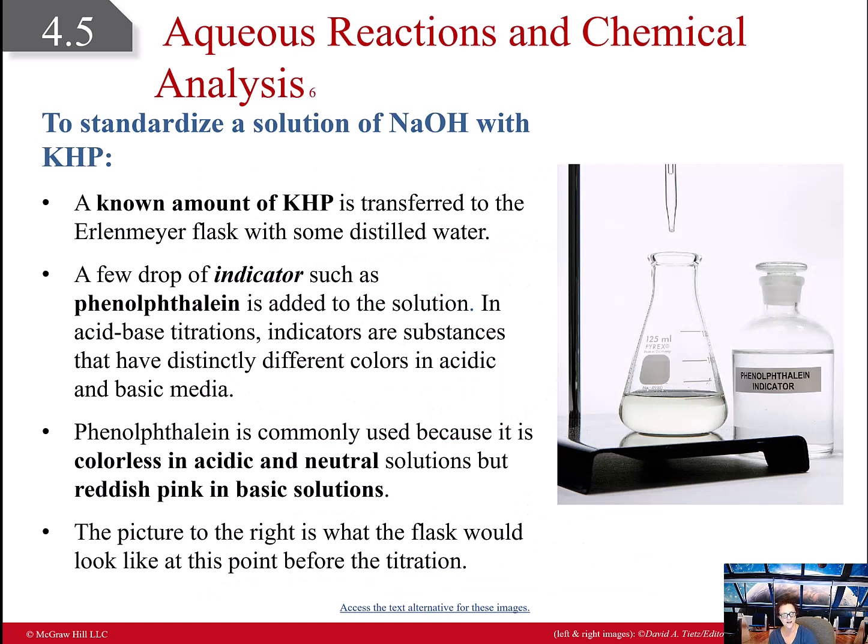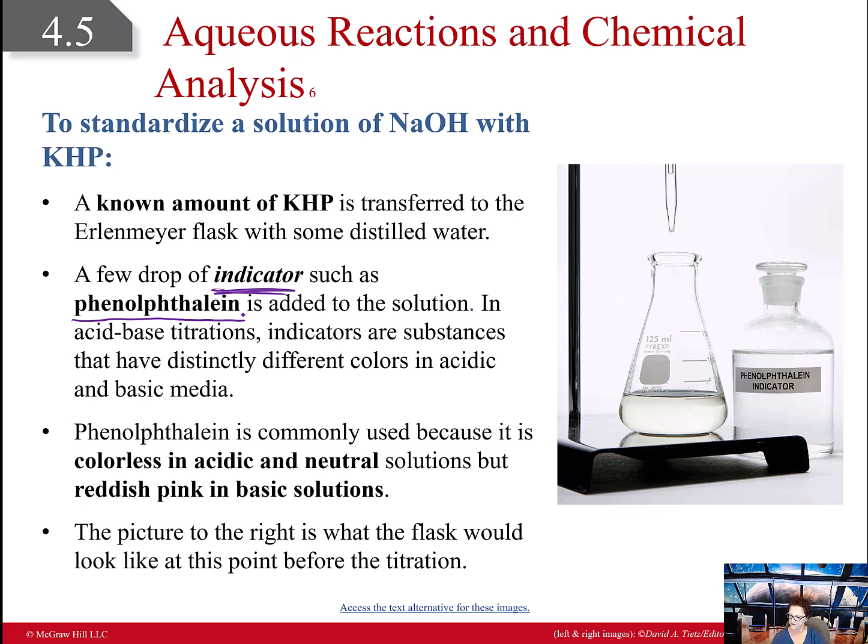So if you're going to standardize a solution of sodium hydroxide with KHP, you take a known amount, so you've weighed this out, and you put it in an Erlenmeyer flask with distilled water. You add some indicator to that. For example, phenolphthalein we use a lot in acid-base reactions because it is colorless in the low pHs, in the acidic and neutral solutions, but as soon as it gets basic, it turns pink, and it turns bright pink if you go too far.